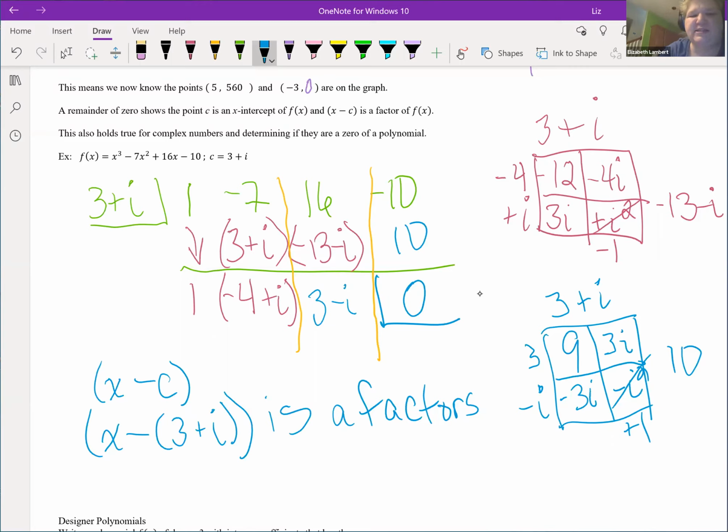That's the only way to balance that out, is to have its conjugate. And if you think back to the quadratic formula, those are the way the answers always look. It's plus or minus. If there's a coefficient in front of the i, fine, but it's always plus or minus that i, and the number in front stays the same. So those roots always occur in pairs.